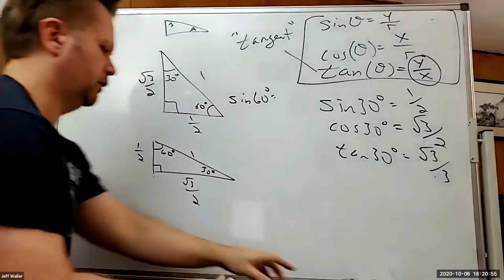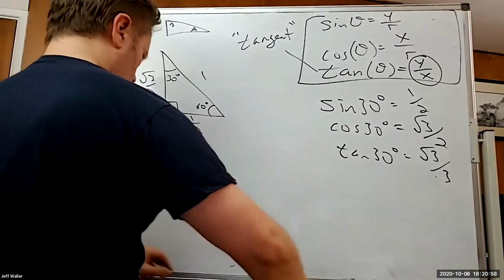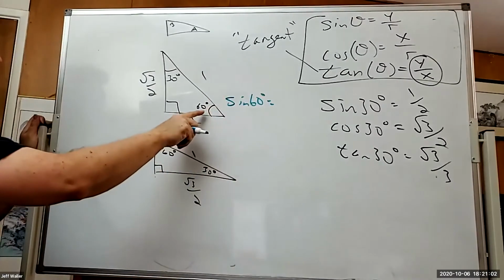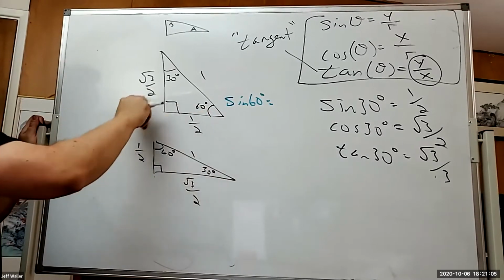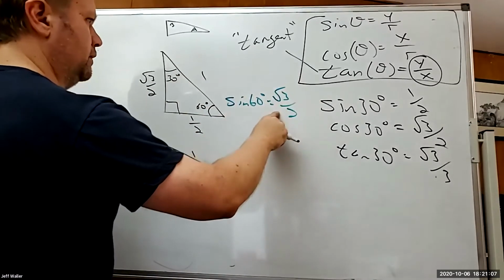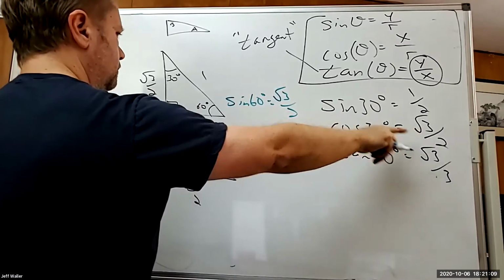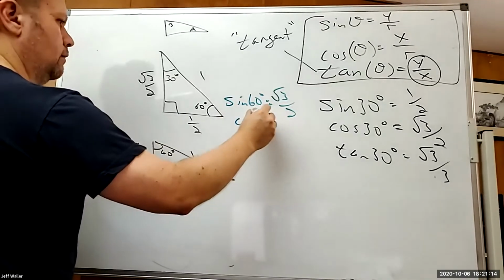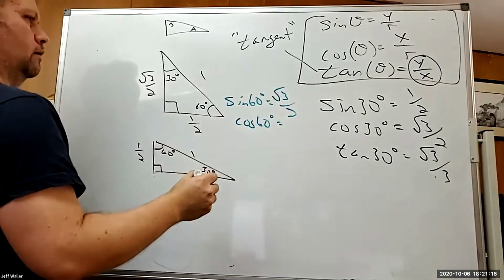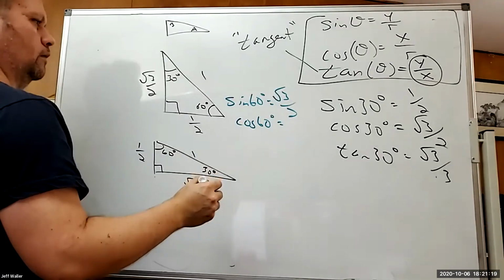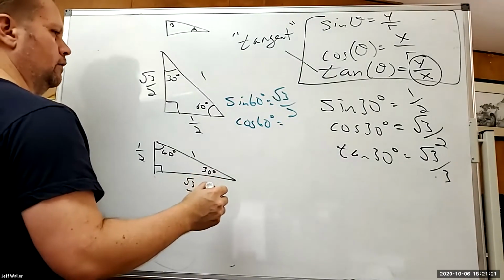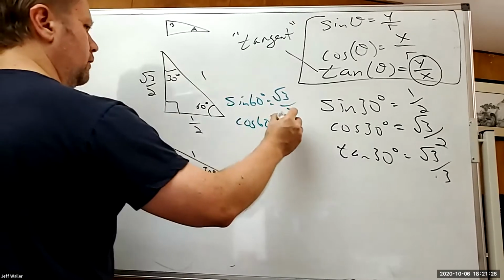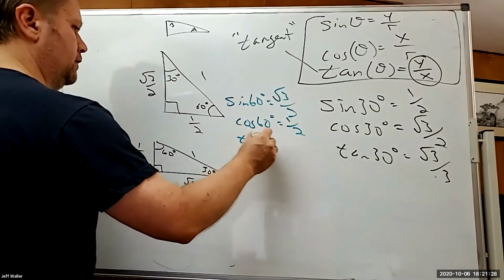What's sine of 60 degrees? Radical 3 over 2. Yeah, rad 3 over 2, which is equal to cosine of 30. Interesting. What is cosine of 60? One half. Yeah, it's the x side, so 1/2. And what's tangent of 60?